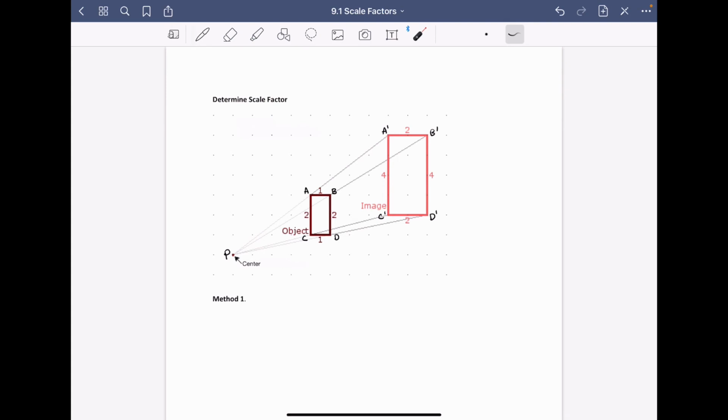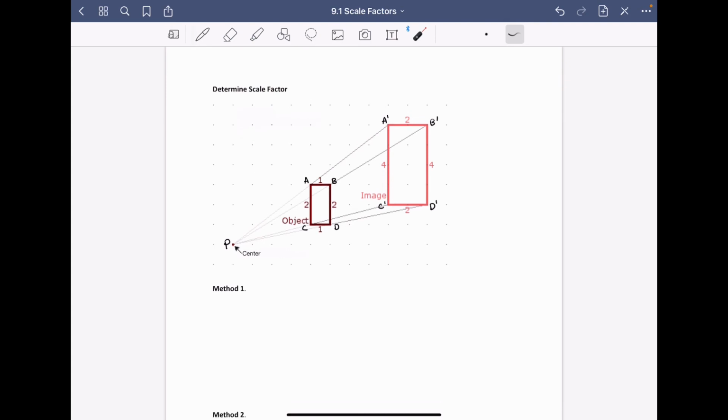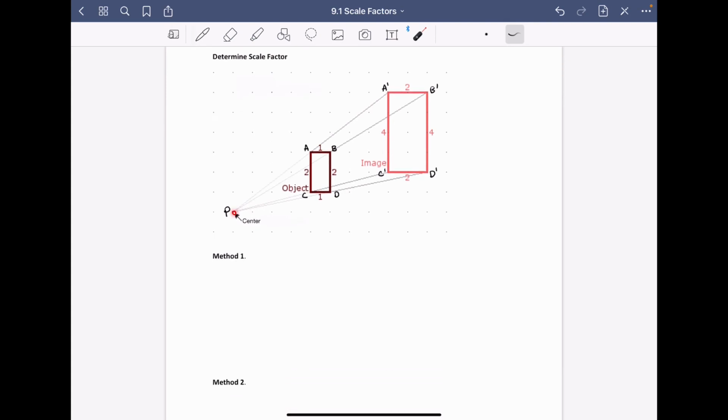Okay, so method one is to measure the distance between the center and each of the corresponding points. So for example, from center to my point A, this is 5. And let me change the color. Let's use green.